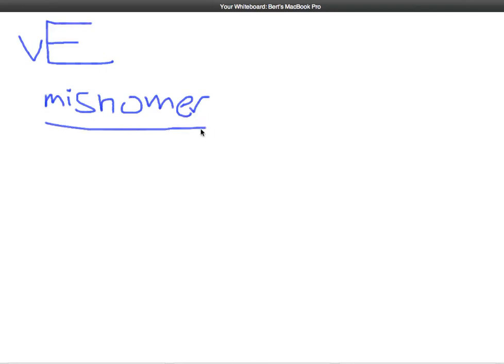I actually don't even know if this is how you spell misnomer. I've only ever said this word, so maybe we should fact check that. But in any case, we're not actually going to be eliminating the disjunction per se. So let me try to give you a feel for this intuitively first, before I introduce the official rule, to get you into the right mindset.